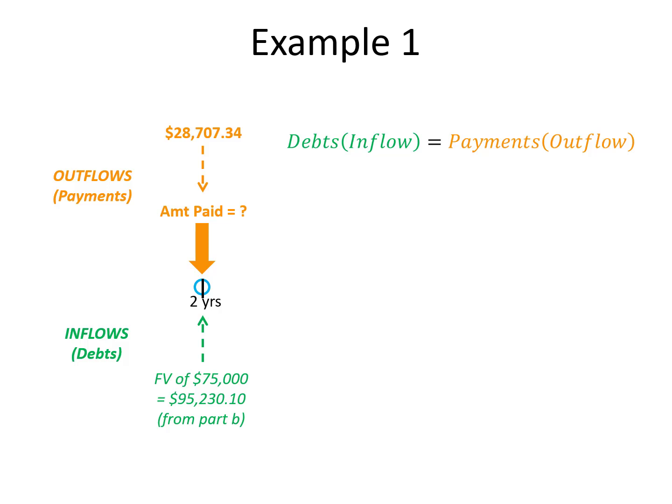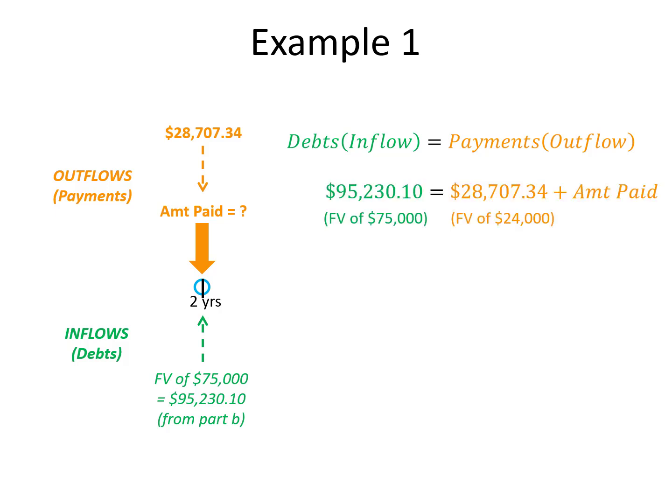Now, for these to be balanced, what we need to happen is our debts to be equal to our payments when interest is considered. And interest has been considered already. So I take the $95,230.10 debt. It will be equal to the $24,000 payment, which became $28,707, plus the amount paid on 2 years.